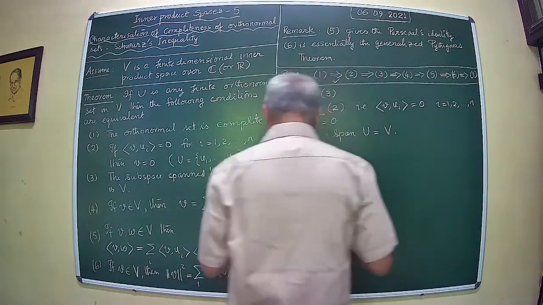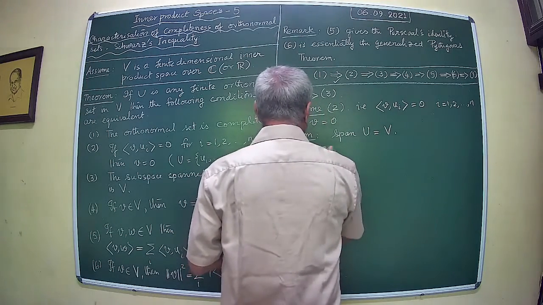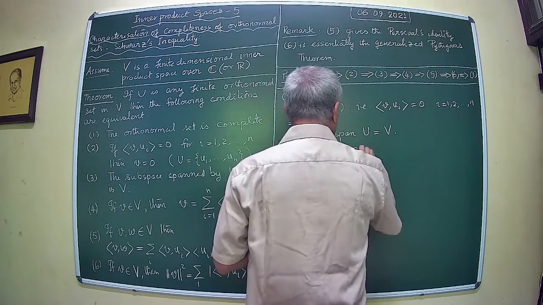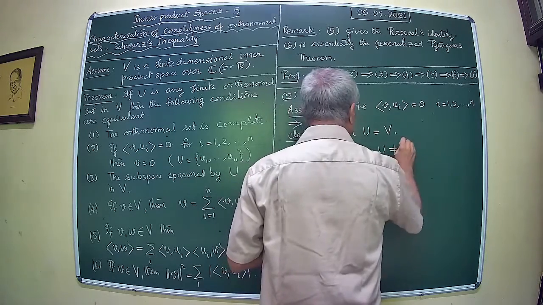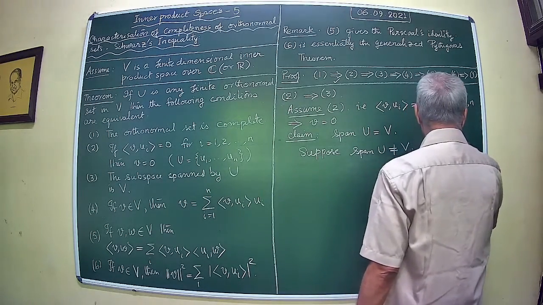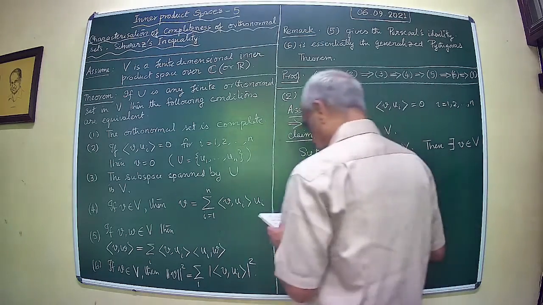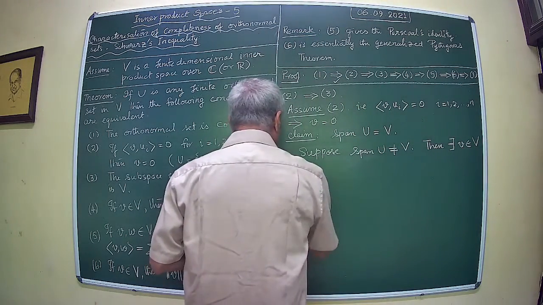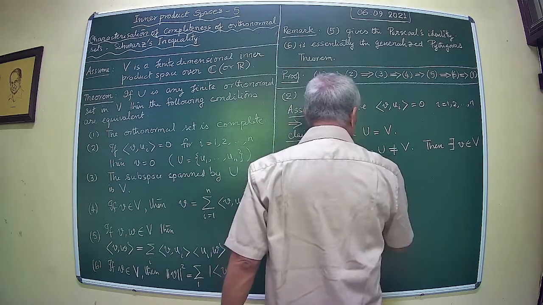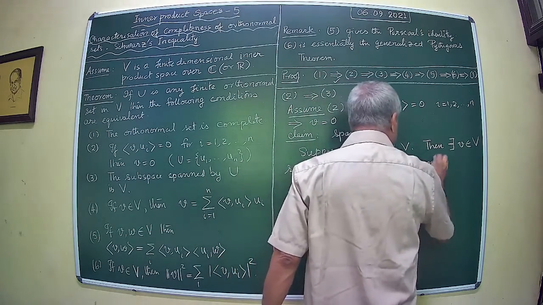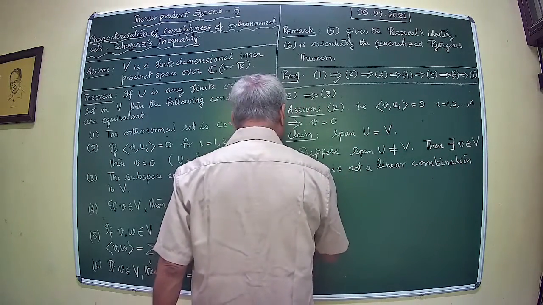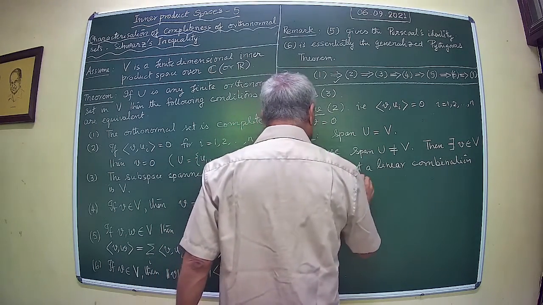So suppose the span of U is not equal to V. Then there exists V belonging to the space such that V is not a linear combination of U1, ..., Un.